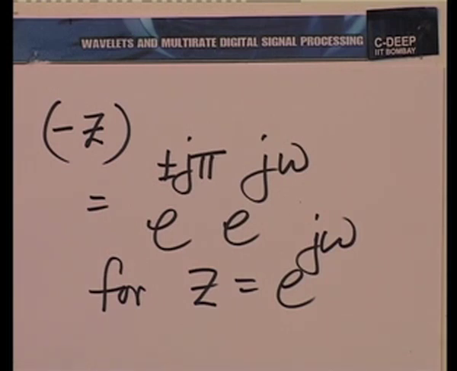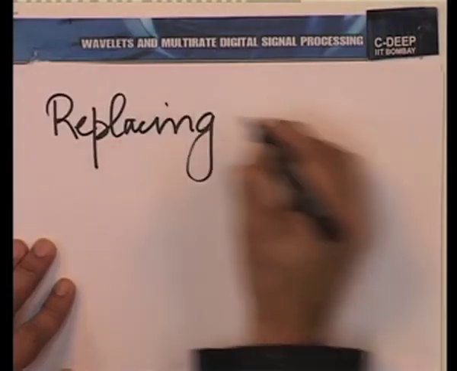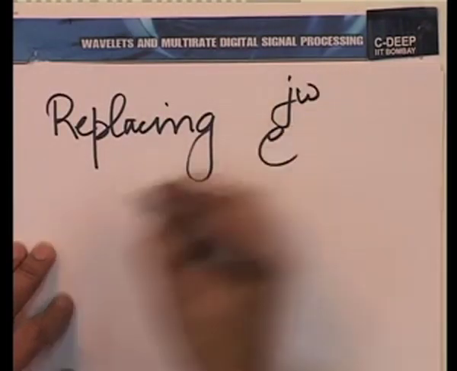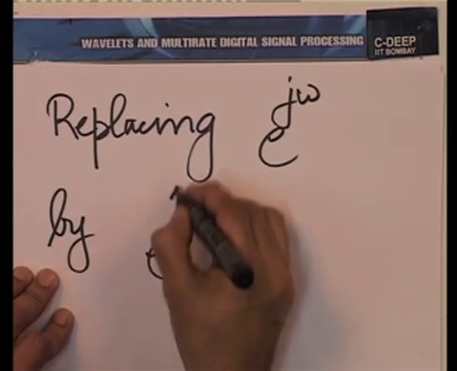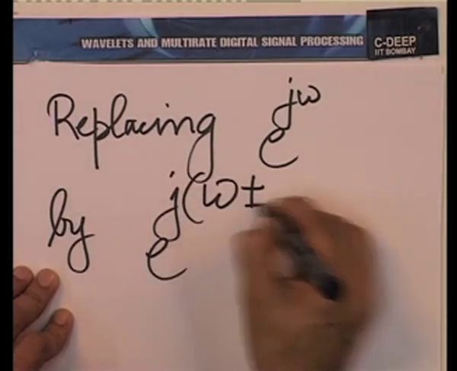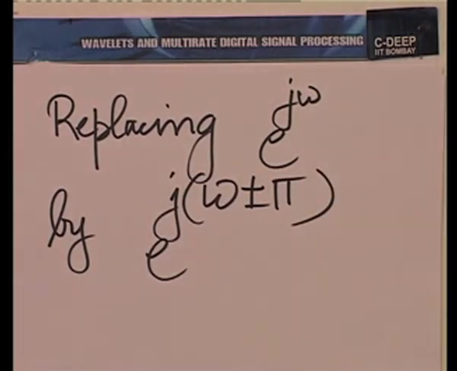So, now we have an interpretation for multiplication by -1 in the z domain. Essentially, we are replacing e raised to the power j omega by e raised to the power j(omega plus or minus pi). In other words, we are shifting on the omega axis by either pi or minus pi.